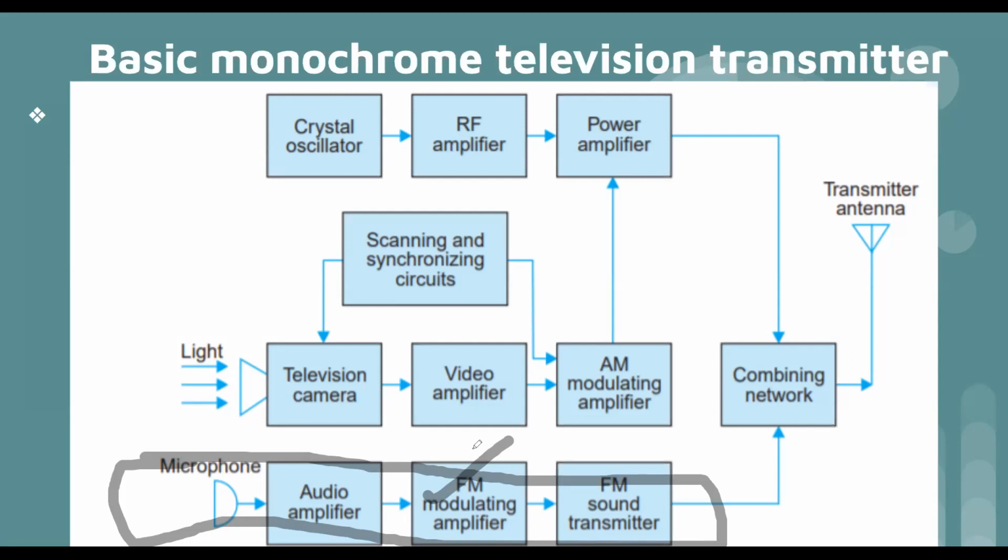That is the FM definition from our past studies. The output of the FM transmitter is combined with the AM picture output via a combining network and fed to the transmitting antenna, or simply the radiating antenna.